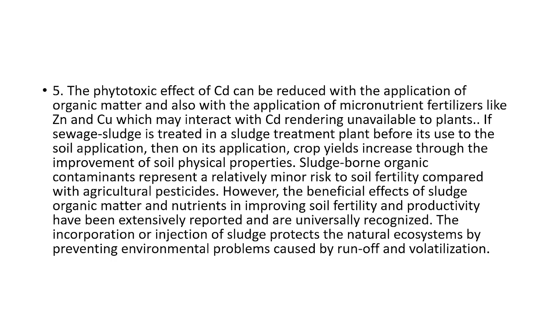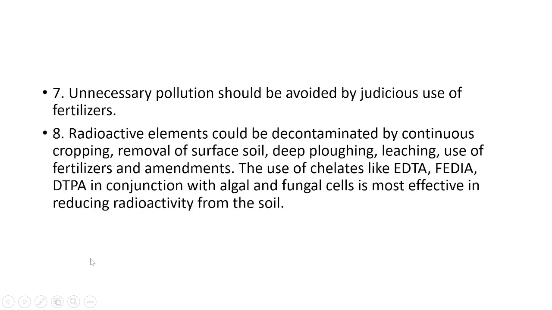Okay, so by different ways, or by using injection or incorporation of such products in the natural ecosystem, we can prevent environmental problems. Okay, the next point is unnecessary pollution should be avoided by judicious use of fertilizer. That means there should be rules and regulations for the use of any kind of fertilizer.